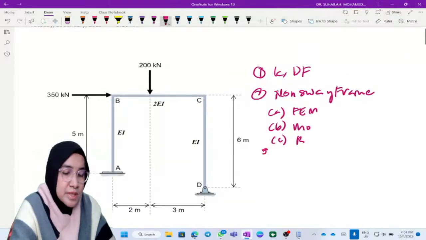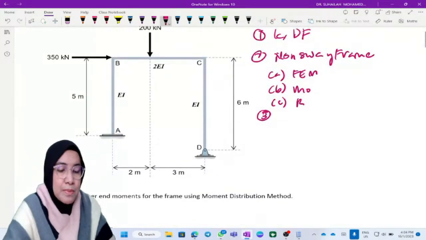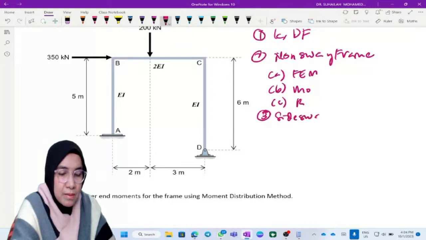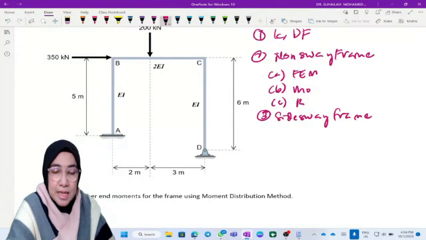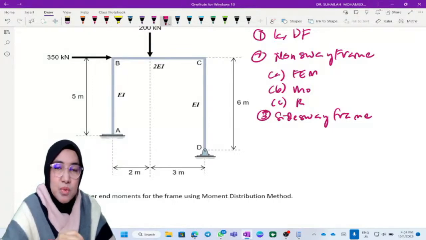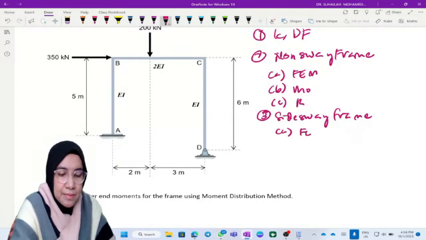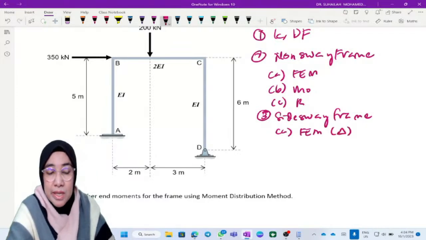Then move to step number 3. We have to do sidesway frame analysis. Under this sidesway frame analysis, we have to do 3 things also, which is FEM due to delta. The previous one is due to loading.